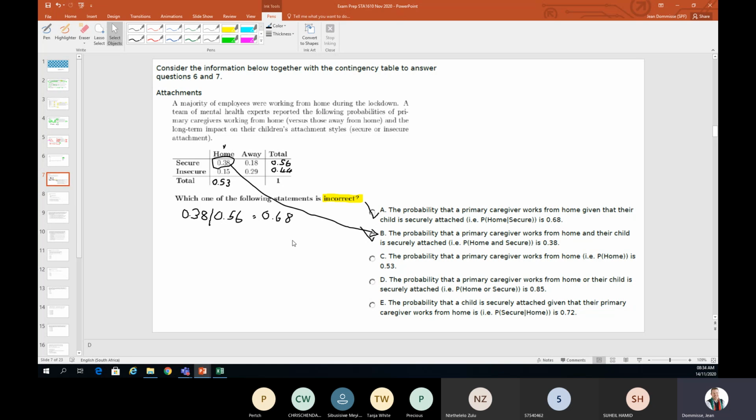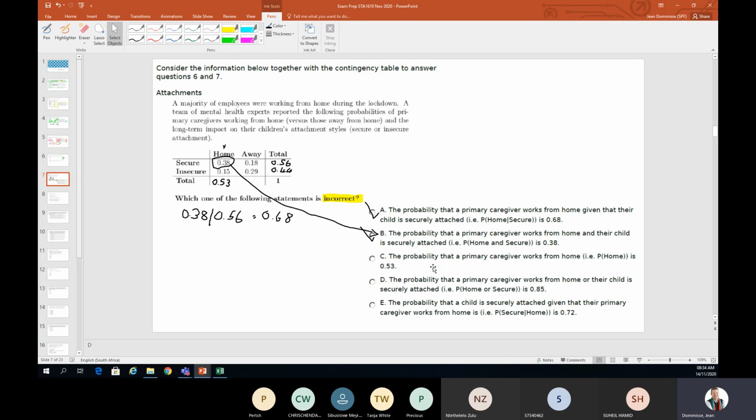You will not be able to go back to this question at all. So whenever they give you 2 questions on the same data, please try to write as much of that down, because you may need some of it for the next question, and you will not be able to go back to look at the information.